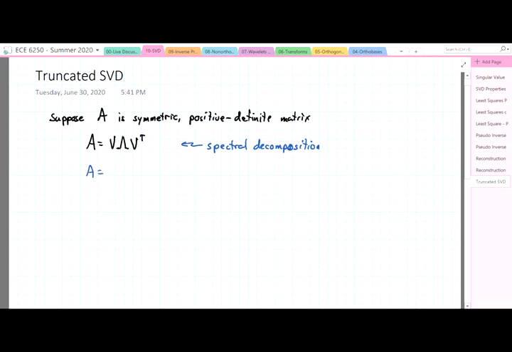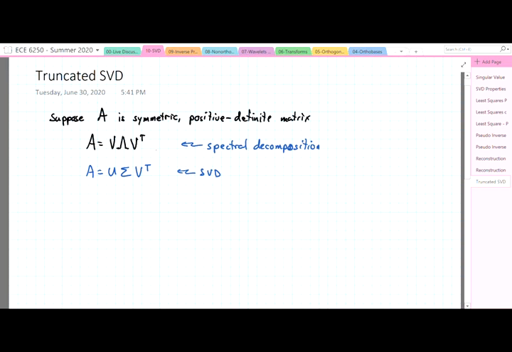We also know, because A is a matrix of any kind, that we have this relationship. So what is the relationship between sigma and V in our second system and U in the SVD? Well, for a positive definite symmetric matrix, these can be the same.